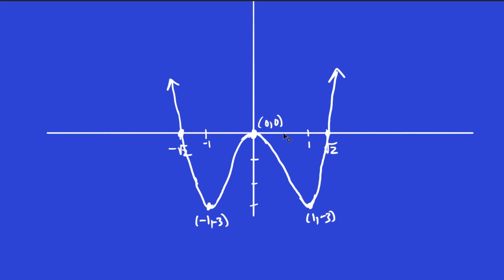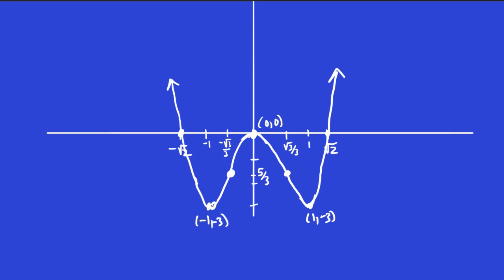So 0.57, yeah, it's going to be somewhere around here, right? And 5/3 is around here somewhere. So the inflection points are right around here. This is 5/3. And this is root 3 over 3. And minus root 3 over 3. And those are the two inflection points.